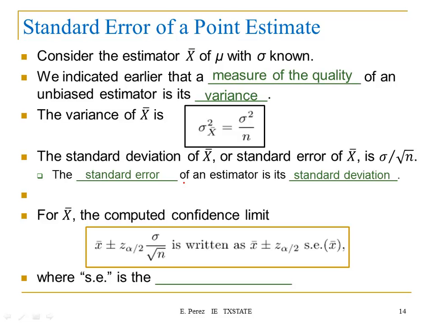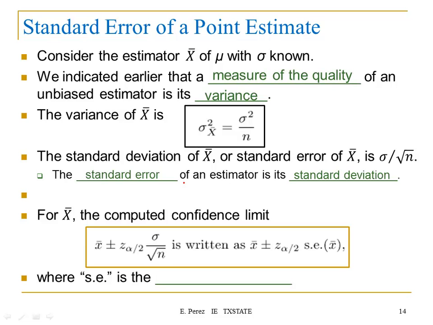So the standard error of an estimator is the standard deviation for that particular estimator. Okay? So for x bar, the computed confidence limit, this expression that you already know, can be written as this.